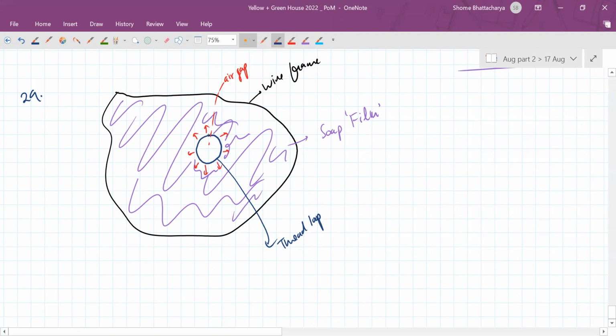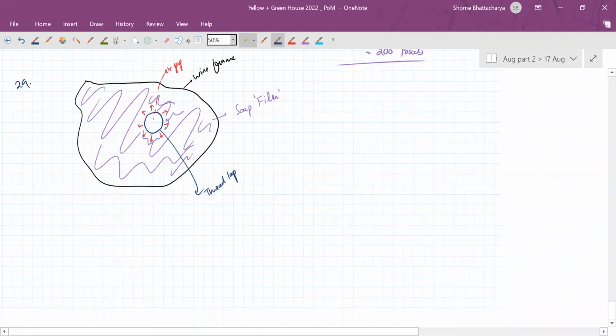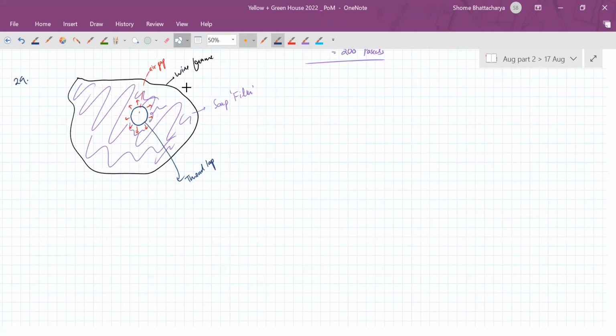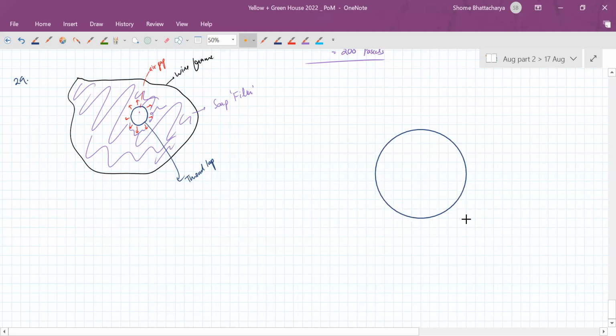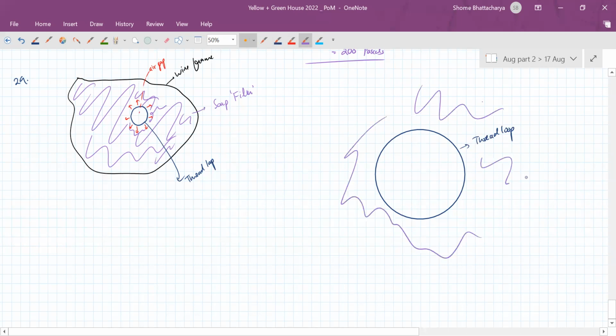Okay. So now if you consider a free body diagram of that, so this is a diagram of that thread loop. And there is soap film all around it, like this.